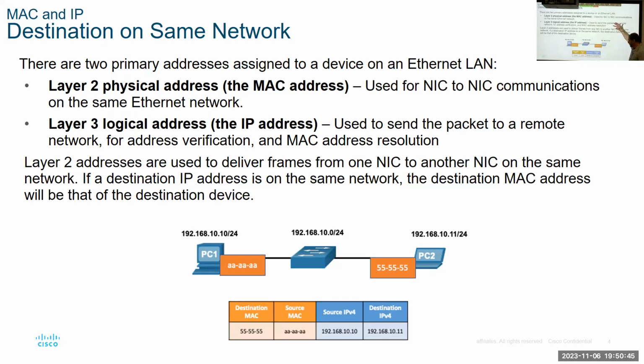Okay, so we know that there's two addresses and you need the MAC address to deliver a frame on the wire to another device, or even if it's wireless. The IP address, once it gets to the destination network, is really just a verification that this packet belongs to the device it was delivered to.